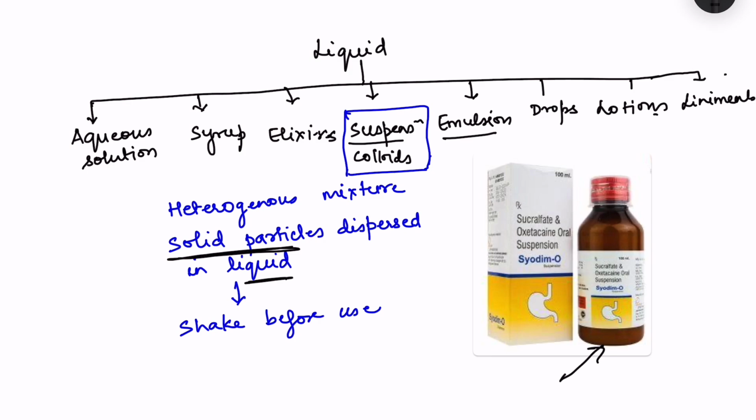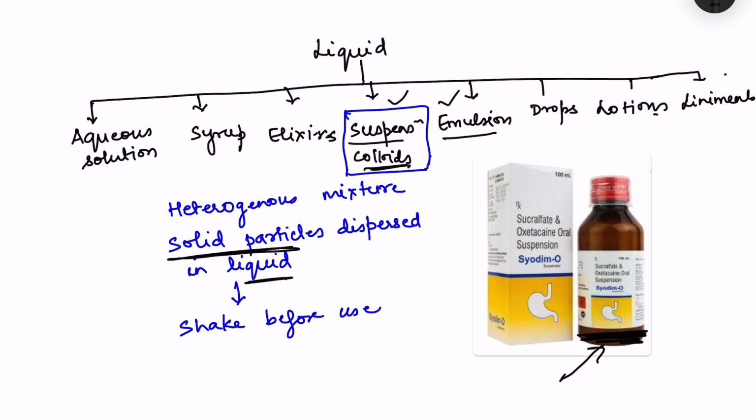So you will see in the suspension the drug particles are settled down. So it is recommended that for both suspension and emulsion, we have to shake properly before use. Otherwise, you will be only consuming the solvent. So this is suspension.